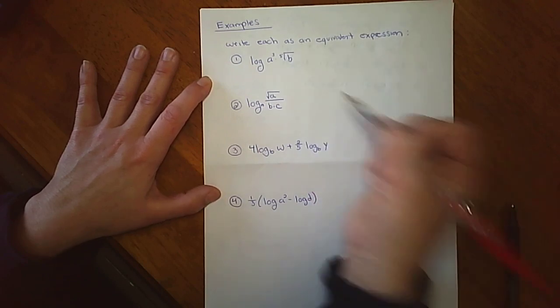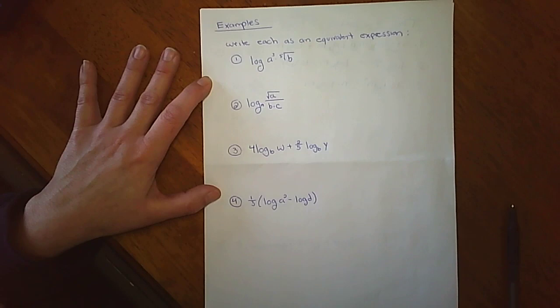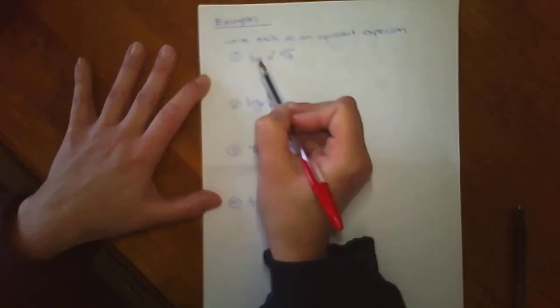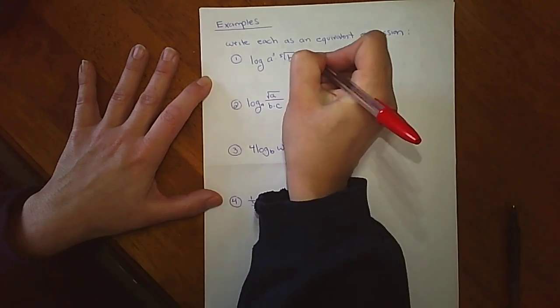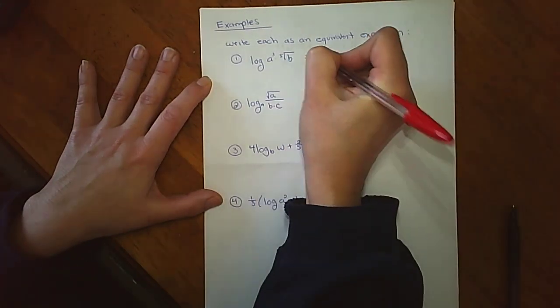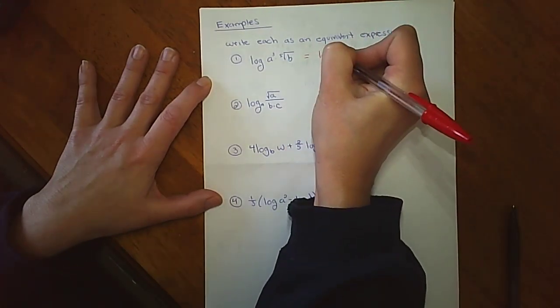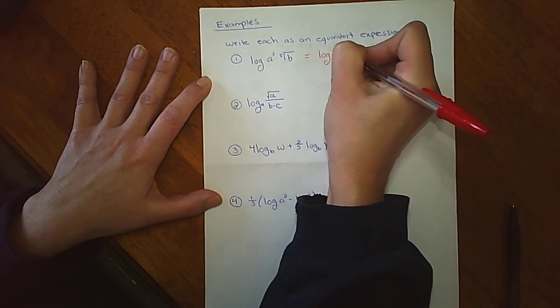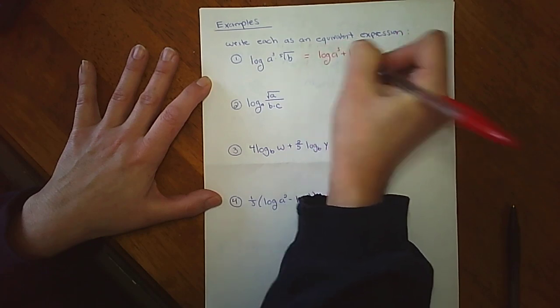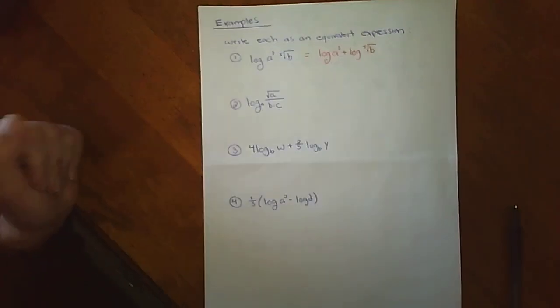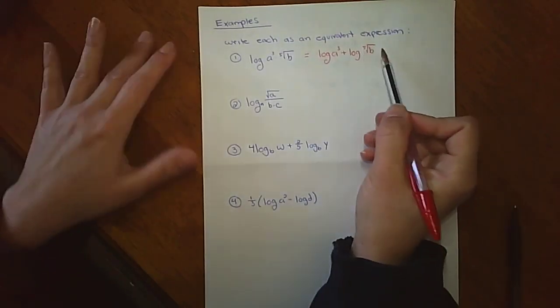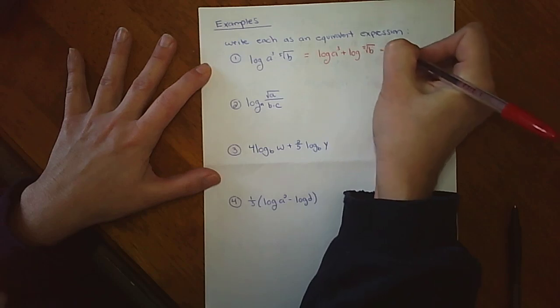Well, on the other page where I had the notes, I said that multiplication in logs was the same as addition. So the first step I could do here is change this to be log a cubed plus log the 5th root of b. Now, the 5th root of b can be changed.